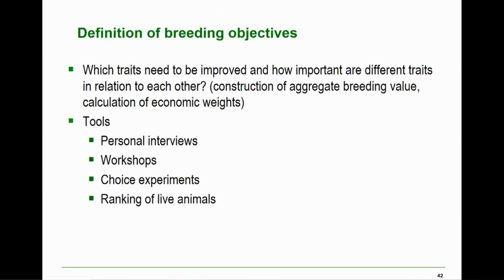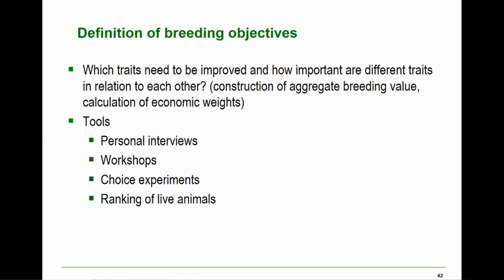When it comes to the definition of the breeding objectives, this is a more interesting point to look at, because we need to decide which traits will be followed. In the European setting, this is more straightforward, because, as I mentioned, high-level decision bodies come together for maybe 1, 2, 3, 4, 5 meetings, and decide what the list of traits is.